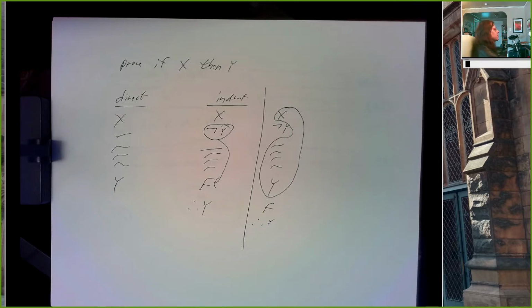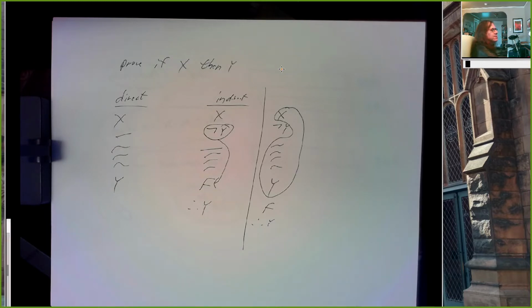So let's run through an example of an indirect proof. Let me go to the problem set here. So let's see.